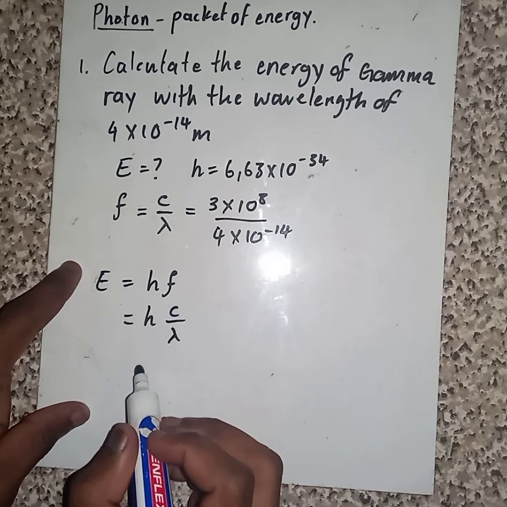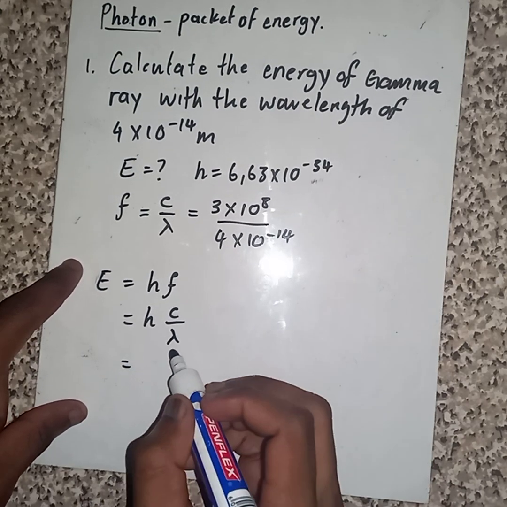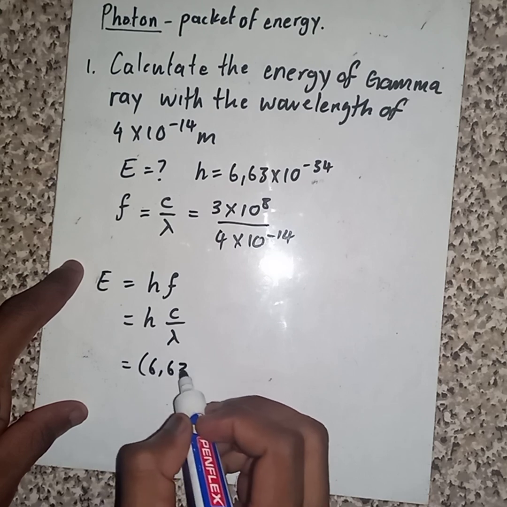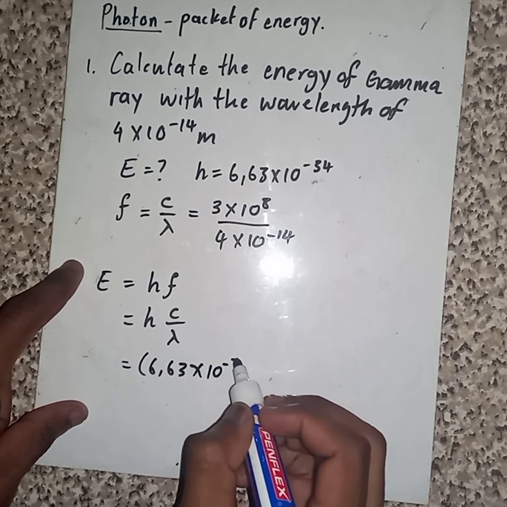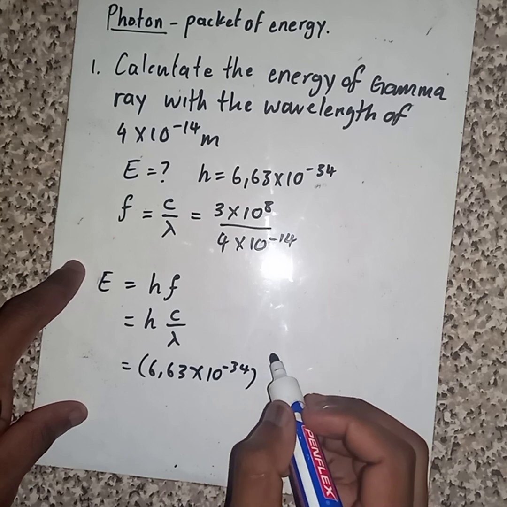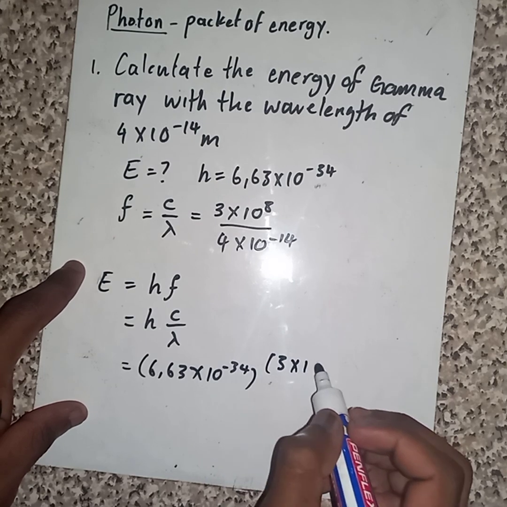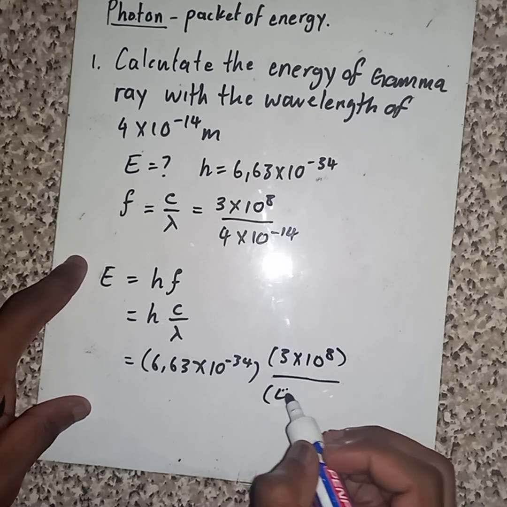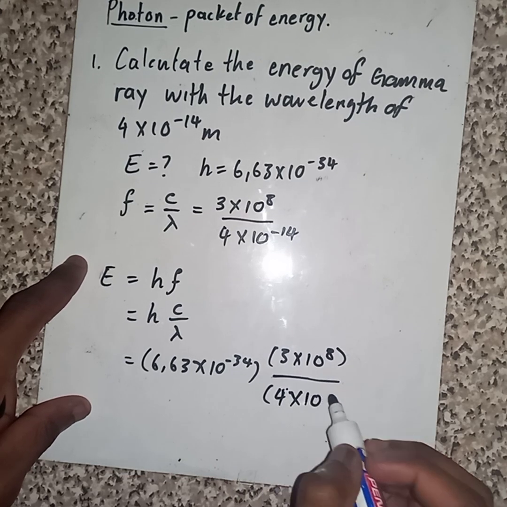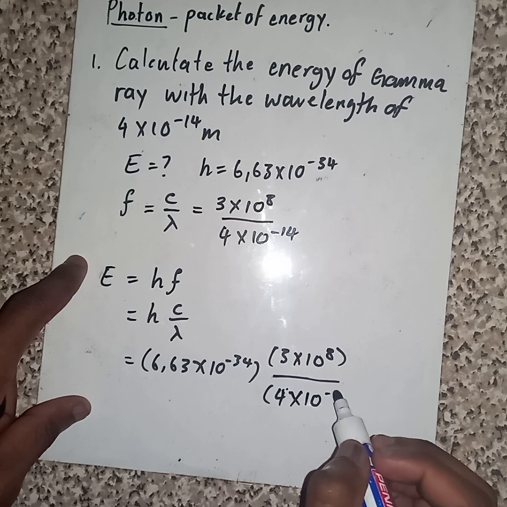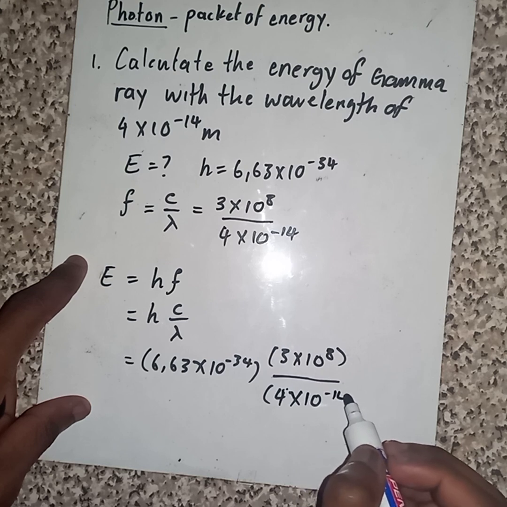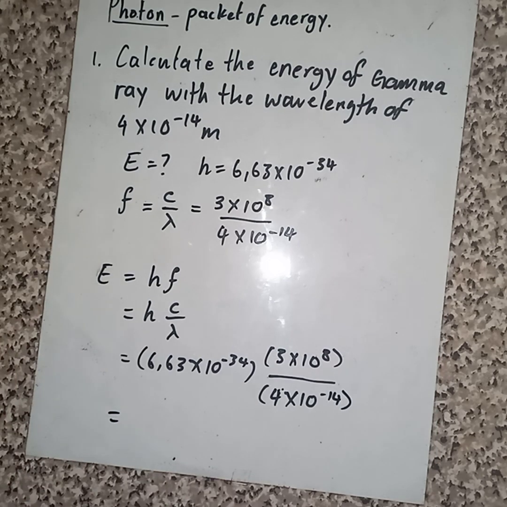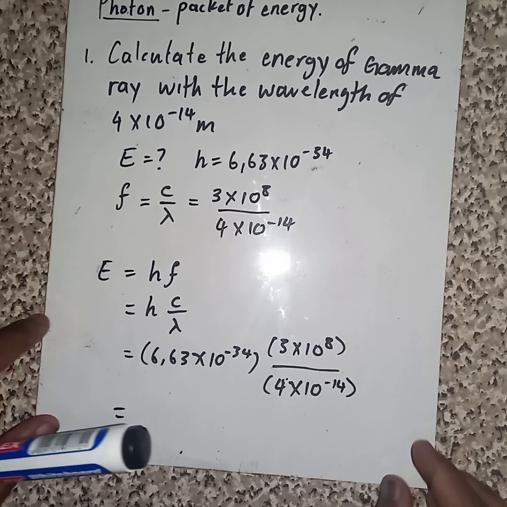Then you can substitute everything: 6.63 times 10 to the minus 34, times the speed of light 3 times 10 to the 8, divided by your wavelength, which is 4 times 10 to the power minus 14. Then let us take our calculators and determine the answer.